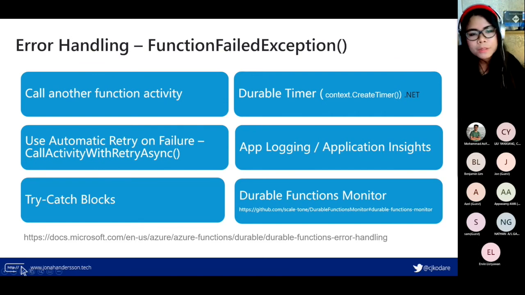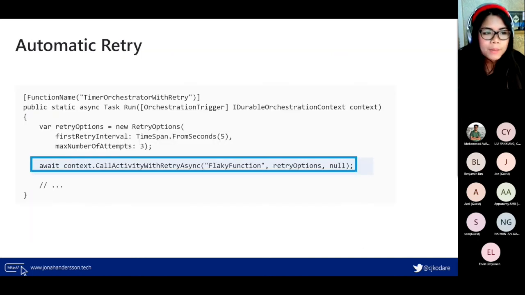Also, Application Insights and app logging when you're working locally, try-catch blocks. And there's also a new repo feature that they added recently called Durable Functions Monitor, for monitoring durable functions. It's in this link. I'll share it with you after the session, and maybe you can get a copy as well.